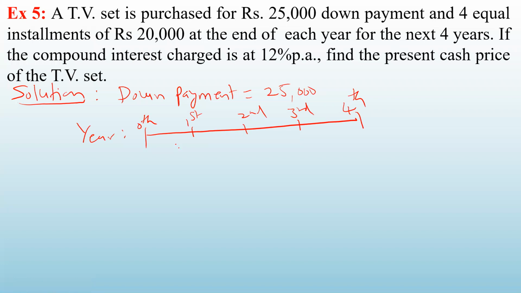So the installment amount is 20,000. This is given to you. In the previous problem, we calculated the installment amount. Here you are given that C is 20,000.